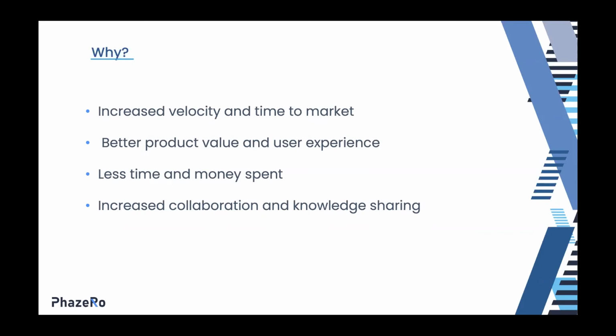Less time and money spent. So this is the same as the first point. So the velocity will go high, so the amount of time taken as well as the money spent will decrease.